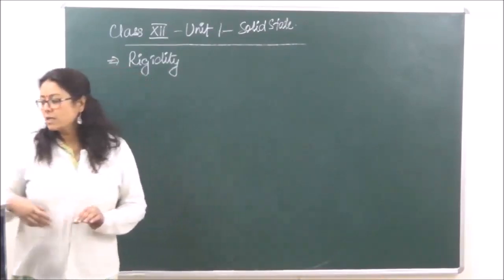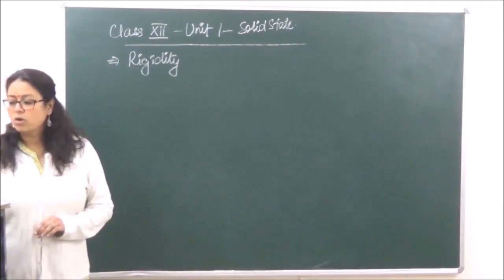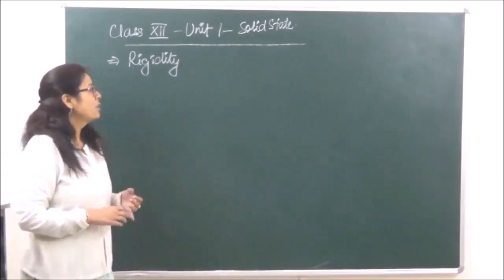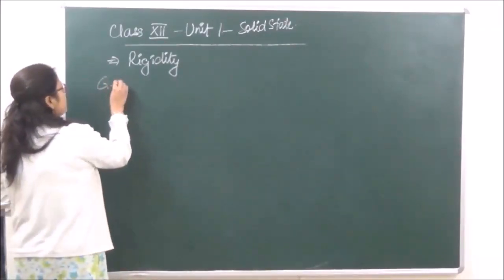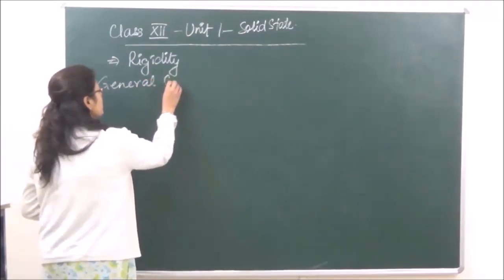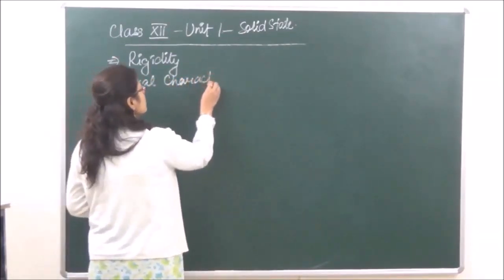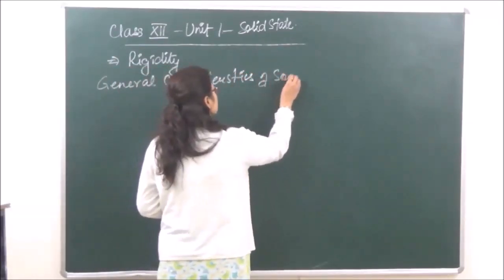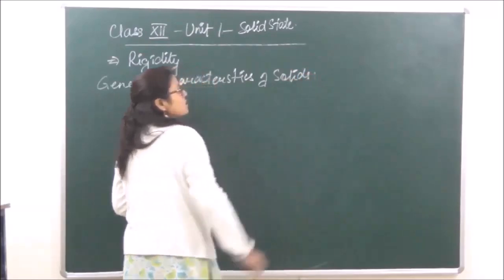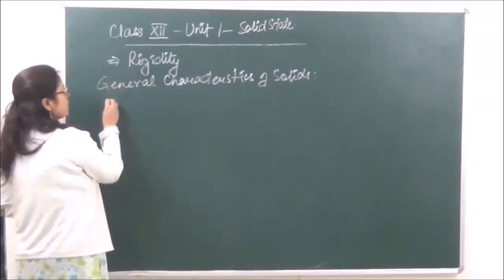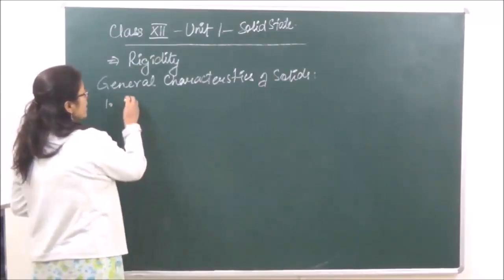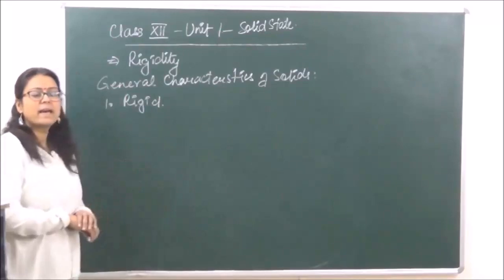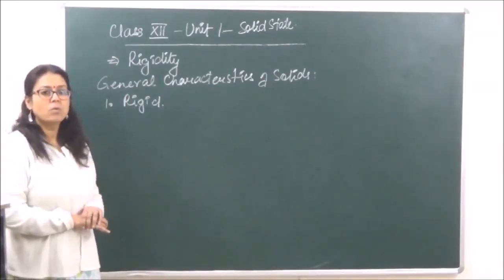Okay, so let's start. When we are talking of solids, what would the general characteristics of solids be? The first we have already mentioned: solids are rigid, which means they have a definite shape and volume.